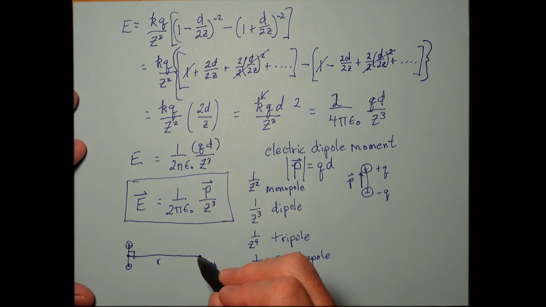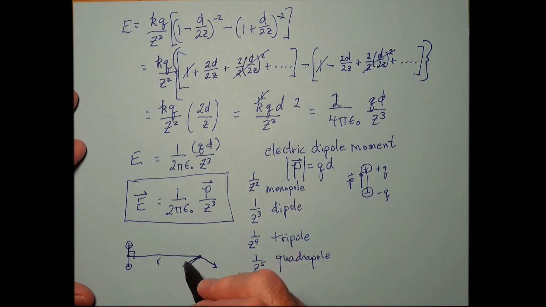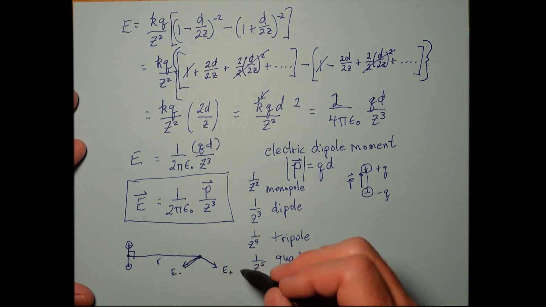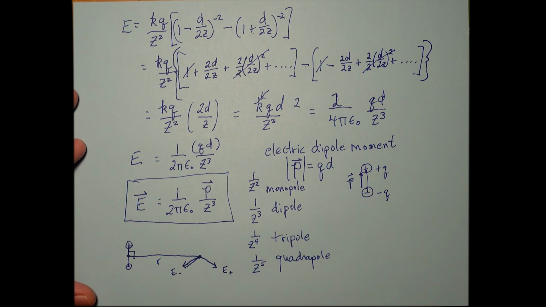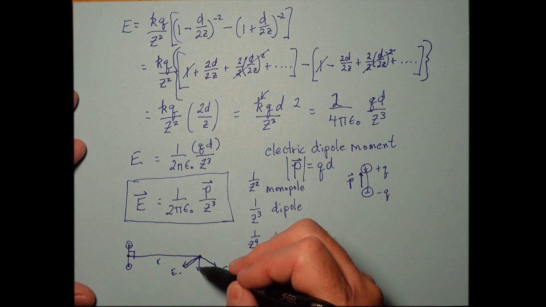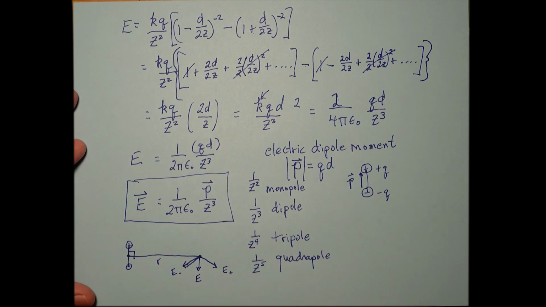The electric field due to the negative charge is going to point more towards the negative. I should have drawn that a little more carefully, but this will be E minus pointing towards the negative. This will be E plus pointing away from the positive. And you'll see the net electric field in this case is going to be downward like that.